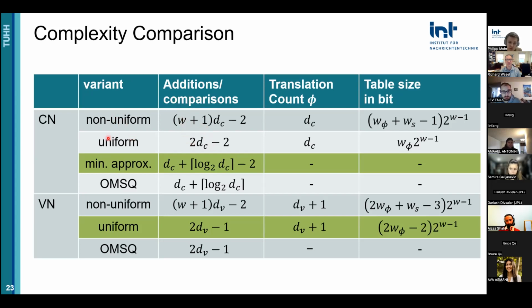So compared to non-uniform, the uniform seems to give a lower complexity, but still the minimum approximation seems to have the lowest complexity, because we can just implement it using low-bit-width comparisons. Therefore I marked this here as green, because it seems to be the most practical way for the check node. For the variable node, we don't have a minimum approximation, so the lowest complexity seems to be using the uniform quantization approach.